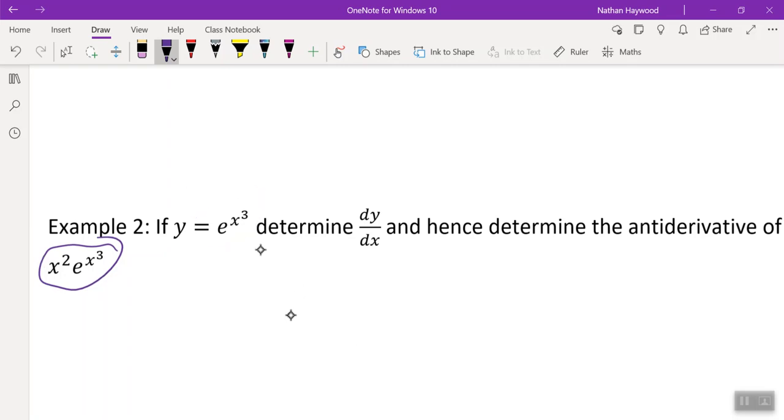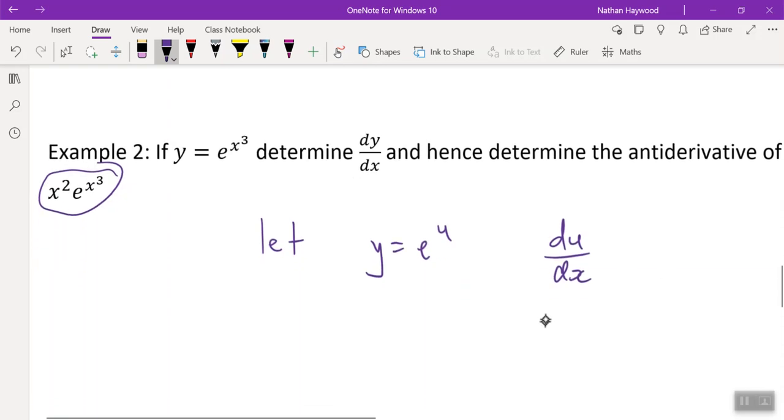Okay, so we have to use what's it when there's a function within a function. So let y equal e to the u, du dx and dy du is what we need to find. And then what do we do with those two?